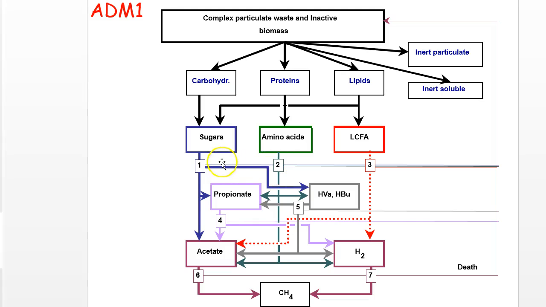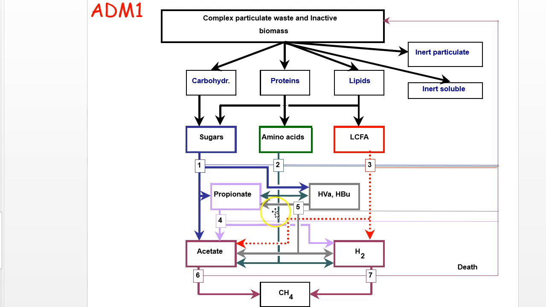And we see here that we have 7 different microorganisms doing different reactions. So sugars are turned into valerate and butyrate and acetate and propionate. Amino acids go down here to acetate and hydrogen, and long-chain fatty acids also go to hydrogen and acetate. Acetate is further then broken down.